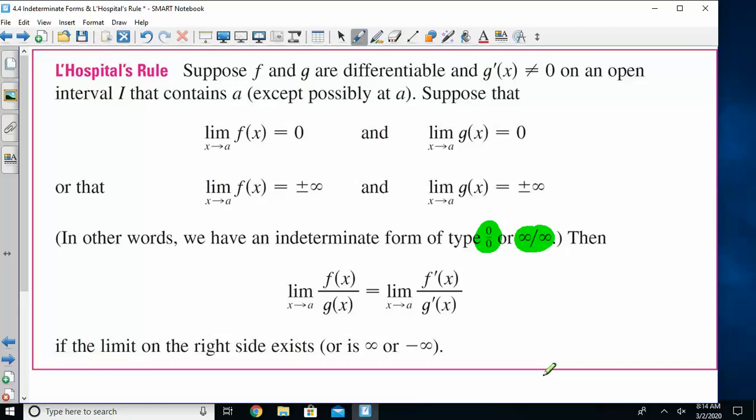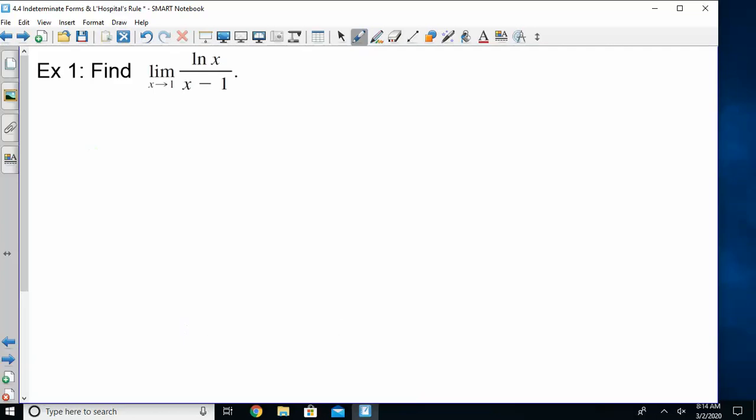L'Hopital's rule is something that we can do more than once. If we do it one time and it's still 0 over 0, we can do it again.